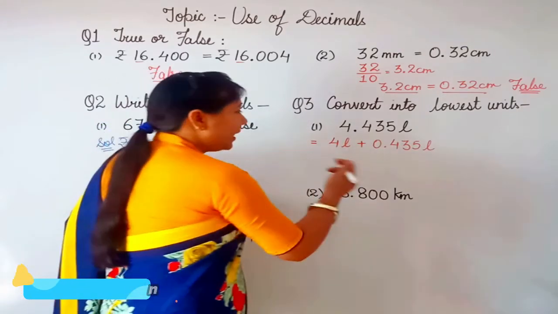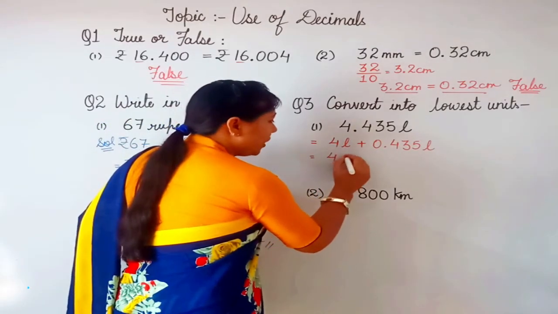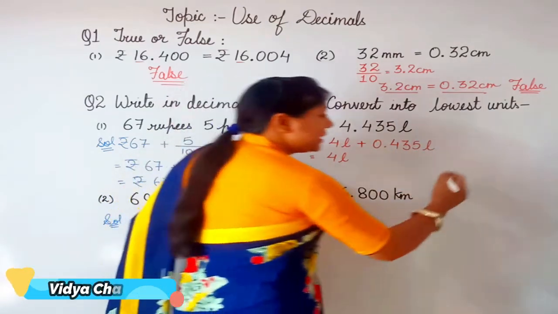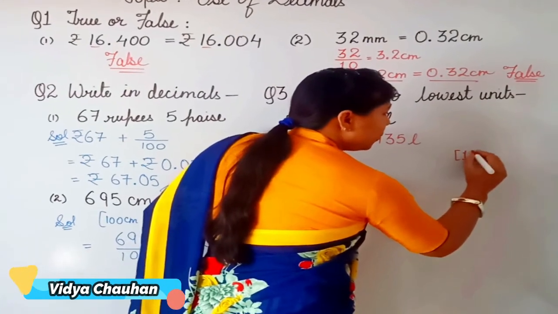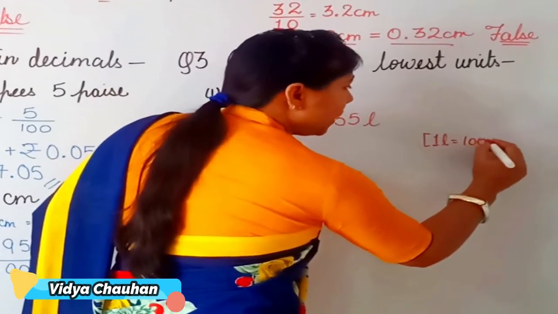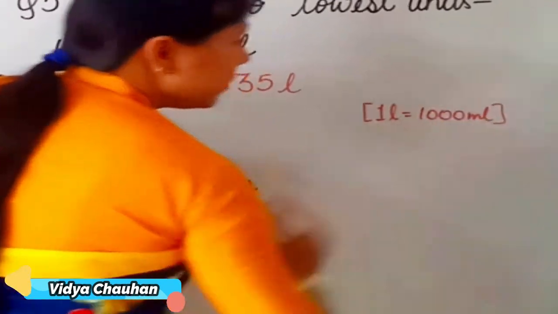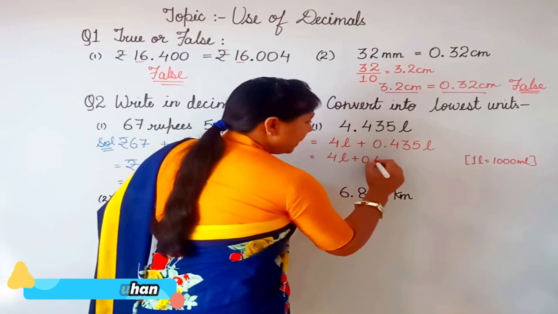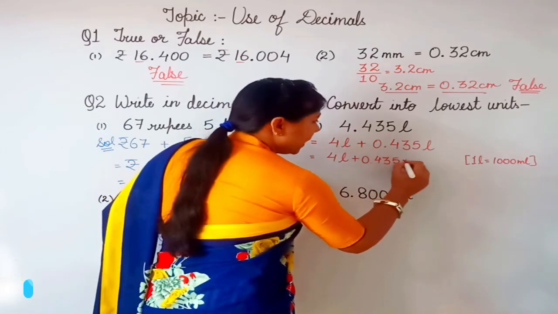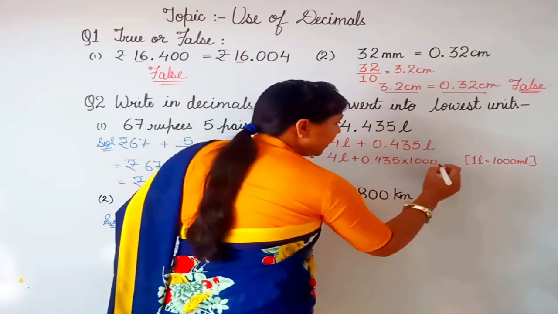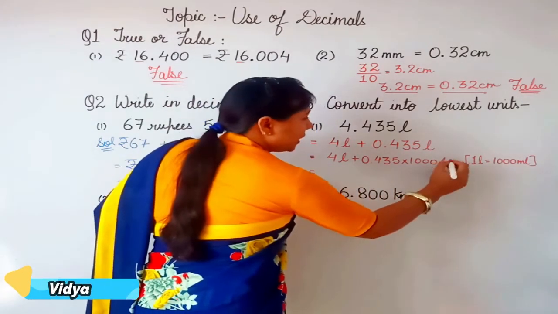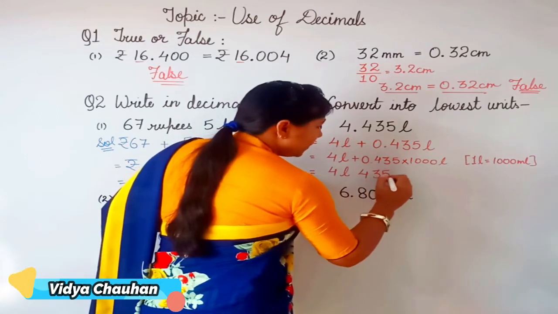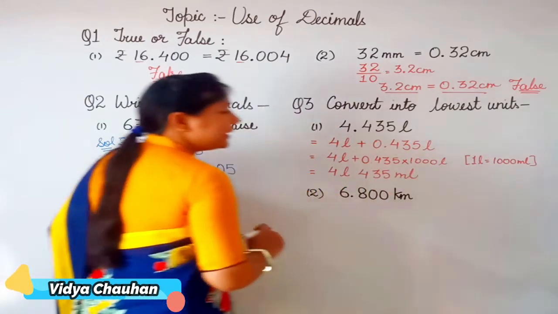Clear, students? In the next step, 4 liter will stay as it is. We convert liters to milliliters, and as we know, 1 liter is equal to 1000 milliliter. So you multiply by 1000 and the value becomes milliliter. So it is 4 liter 435 milliliter.